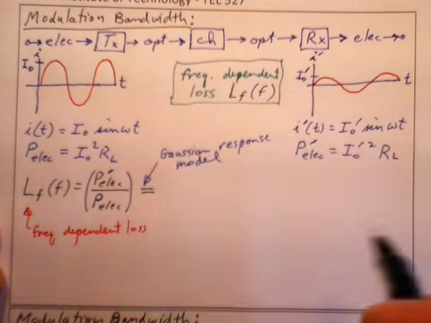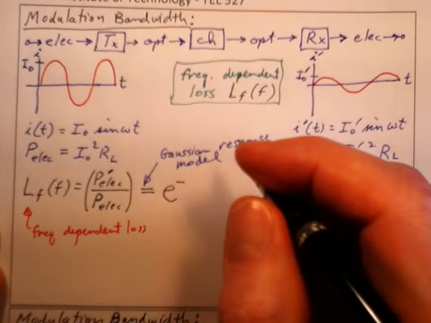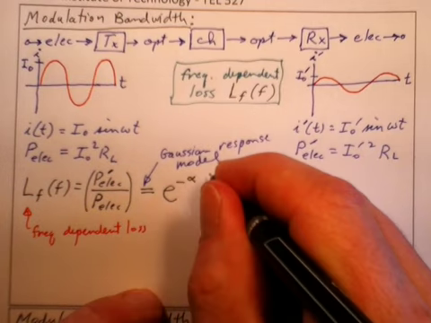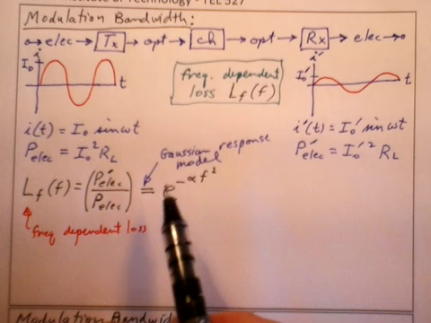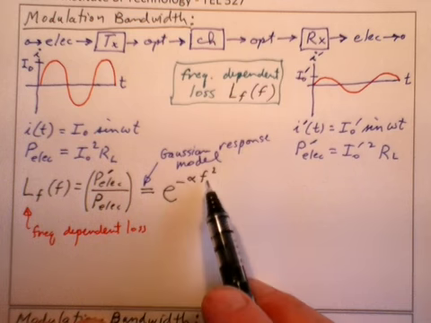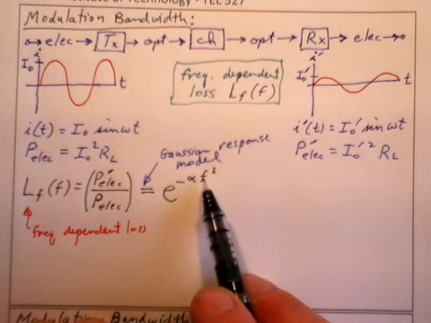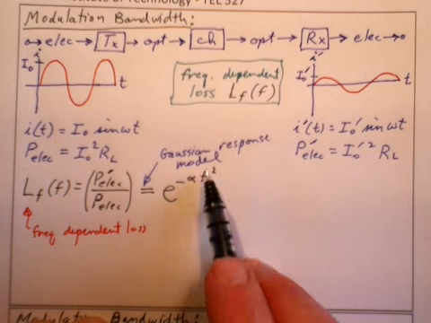We know what a Gaussian looks like. It's e to the minus some constant times our variable squared. And here this is a Gaussian response in the frequency. So the larger the frequency, the smaller this term.